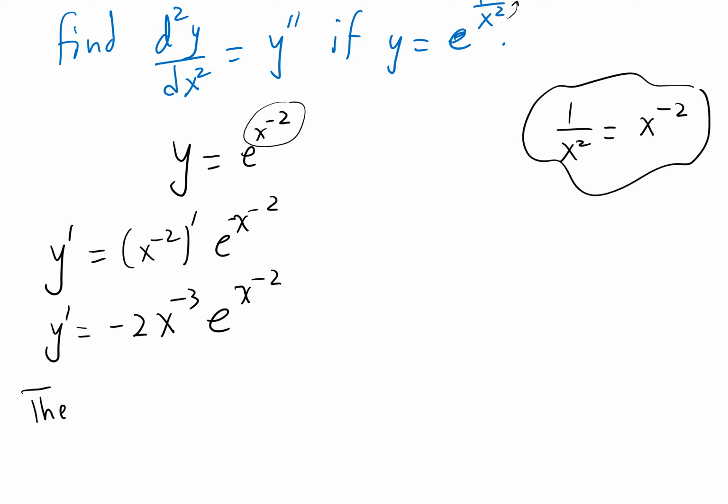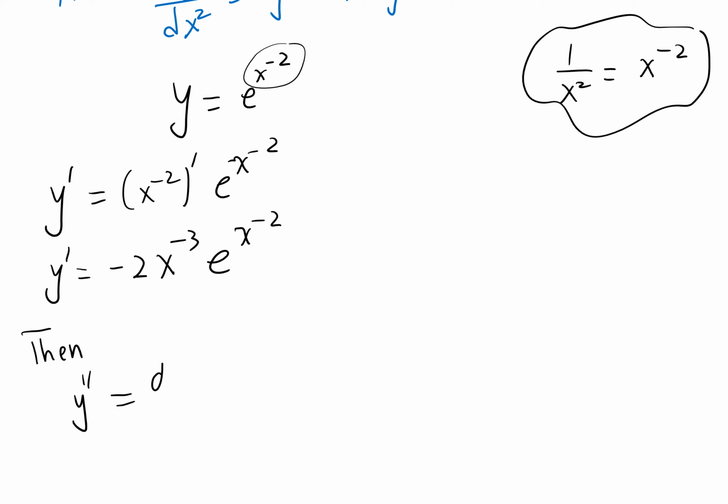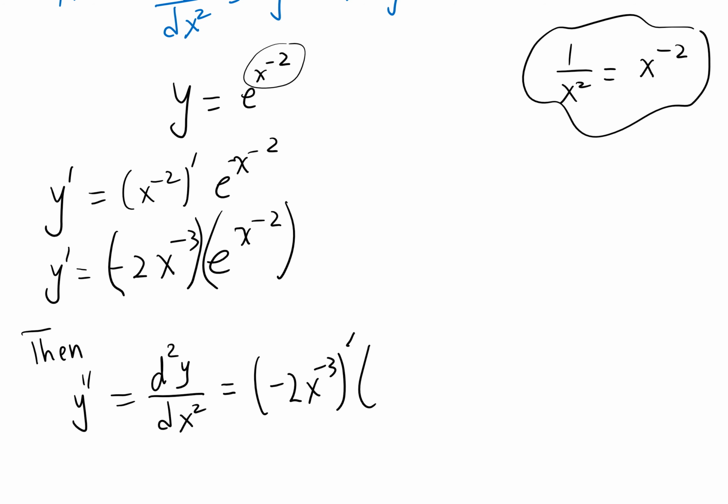Then we need to find the second derivative, y double prime, which is d squared y dx squared. How are we going to do this? This is by itself a function, and this by itself is a function. So we're going to find the derivative of the first one times the second one, plus the first one times the derivative of the second one.